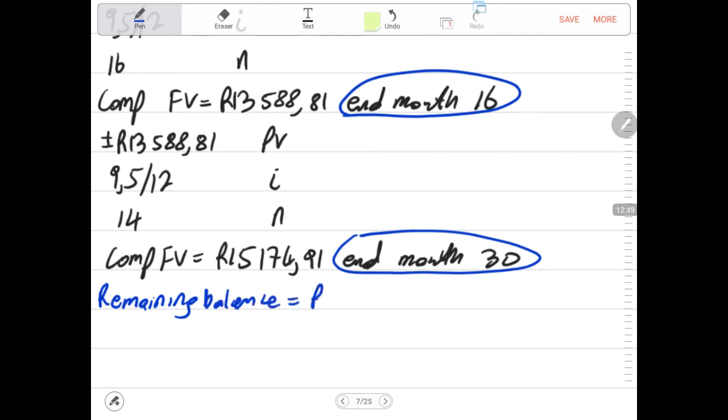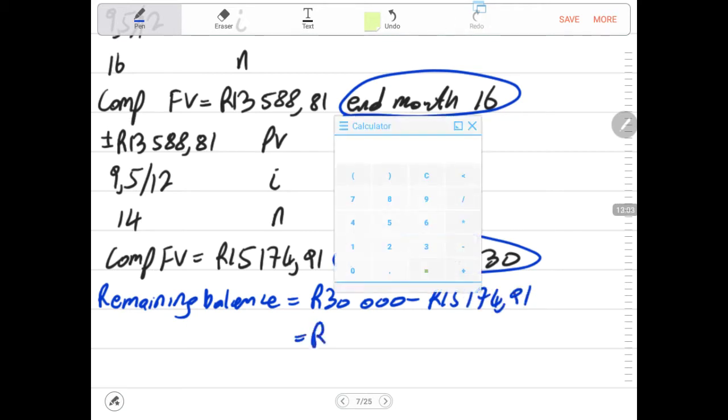The remaining balance is the amount that we need, which is 30,000, minus the amount that we have, which is 15,174.91, so that we can say how much still needs to be raised. It is 30,000 minus 15,174.91.